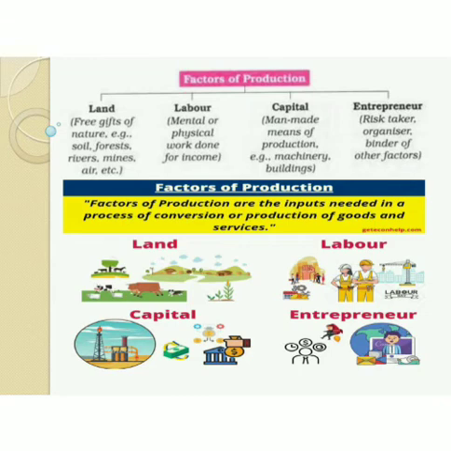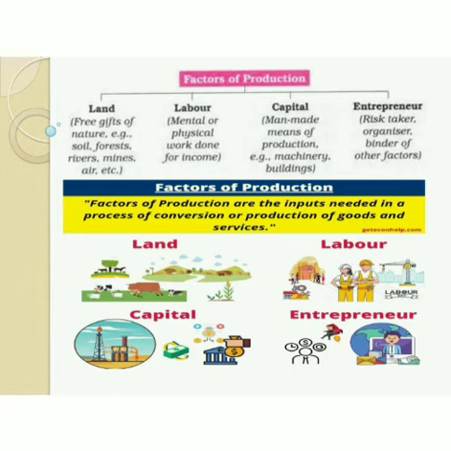The third factor of production is known as capital, which is all the man-made things that are used in the production process. Definitely you can make a chair or a table with your free hand, but if you have tools, you do better. What are tools? Tools are man-made things that make your production much easier.